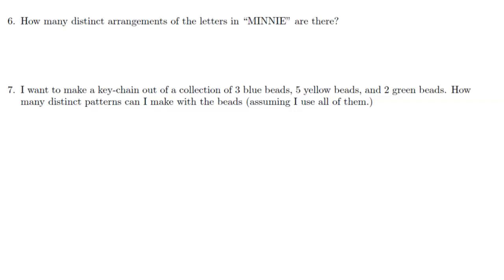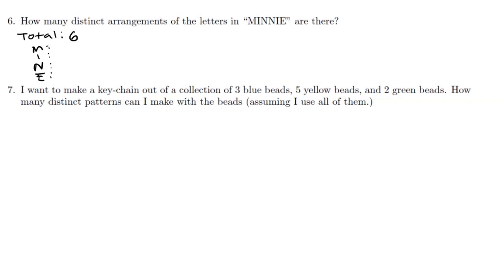So if we remember what we needed to do there, we needed to figure out, well, how many total items are there that we're trying to arrange. So we've got MINNIE, so there's 6 total. Then we have to break it down into the different types of things. So in this one there's M's, I's, N's, and E's.